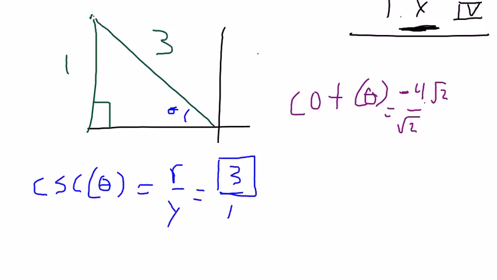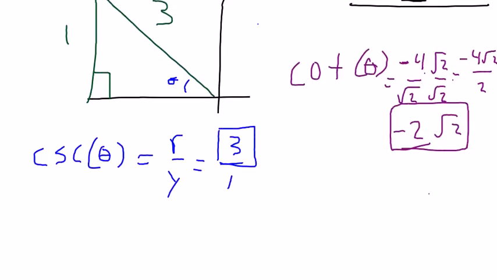Multiply both the top and the bottom by the square root of 2, and you get negative 4 square root of 2 over 2. 4 divided by 2 is 2, so this answer will be negative 2 square root of 2.